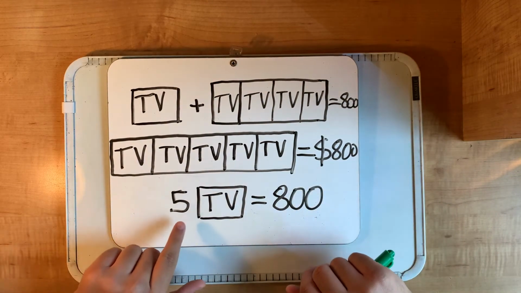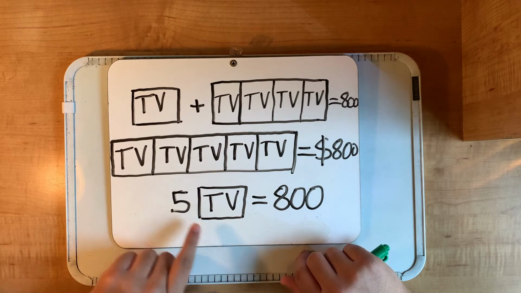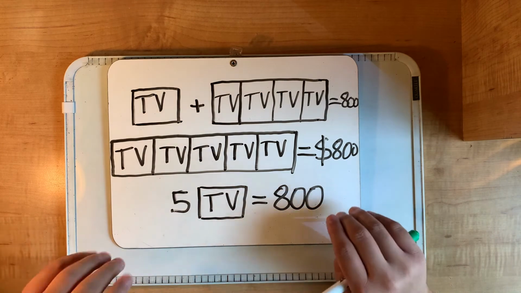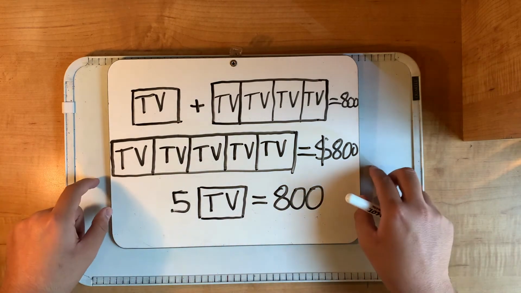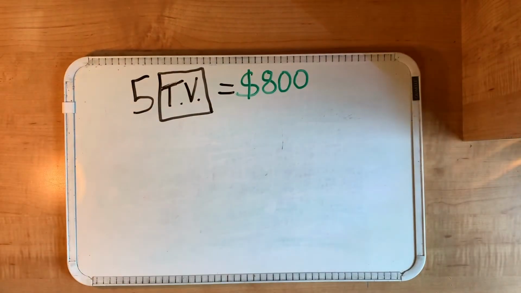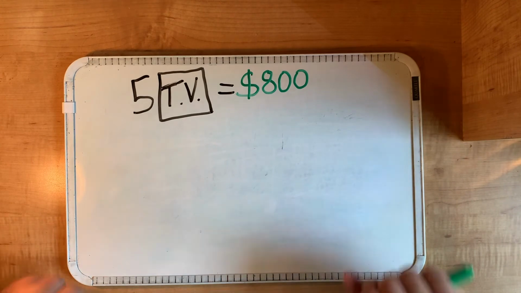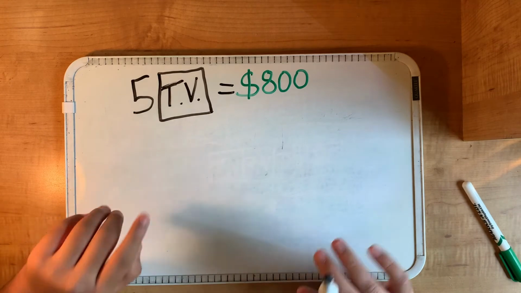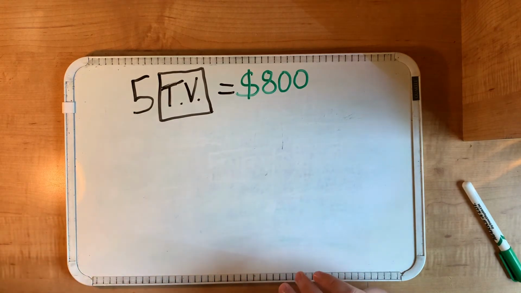So I said 5 times 1 TV, which gives us a total of 5 TVs, because 5 times 1 is 5, is equal to $800. So 5 TVs equals $800. To solve this, we need to do something quite simple.